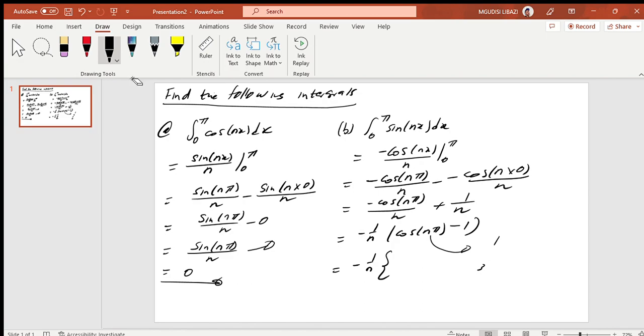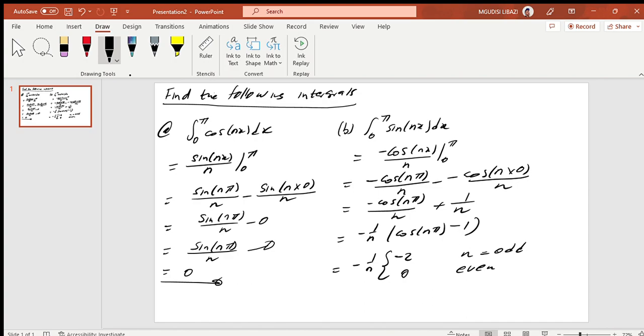So when you substitute, we'll notice that we get a value of negative 2 when n is odd. So any odd number that you substitute there will give you a value of negative 2, and then we get 0 when we substitute even numbers.